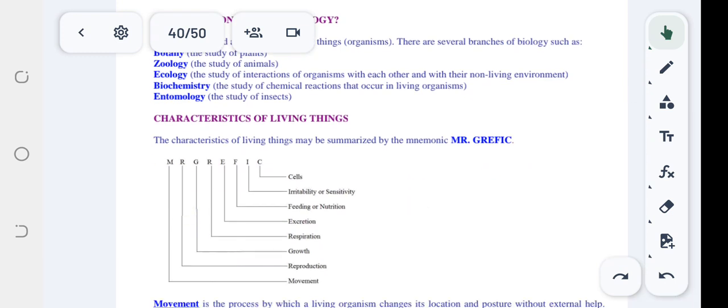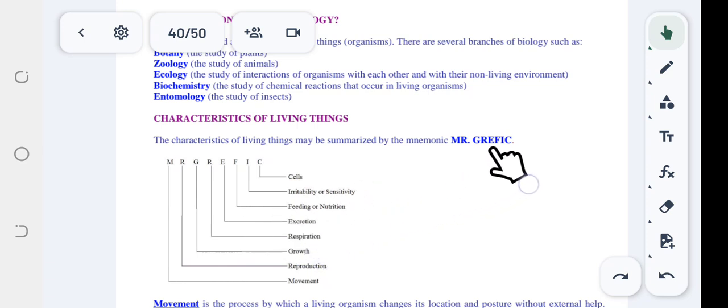We start with Mr. The M represents movement. R represents reproduction. G represents growth. R represents respiration. E represents excretion.